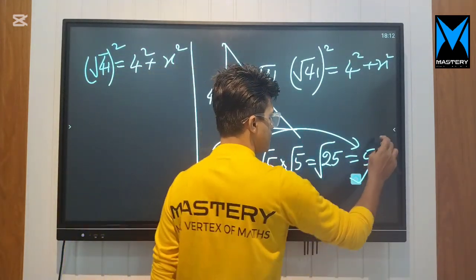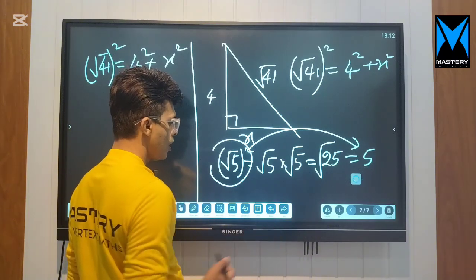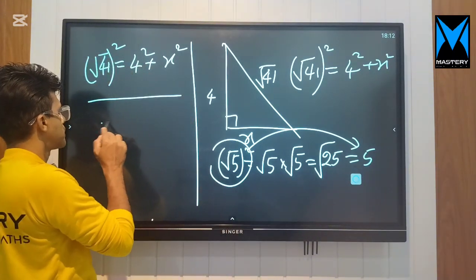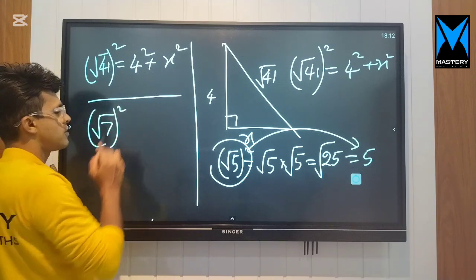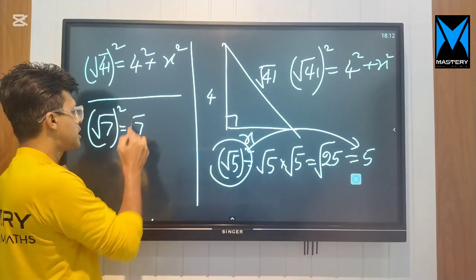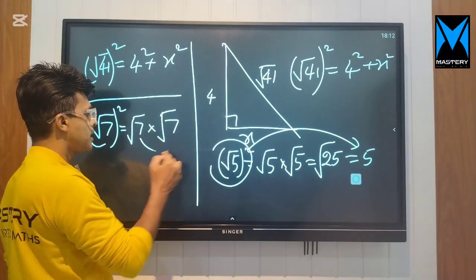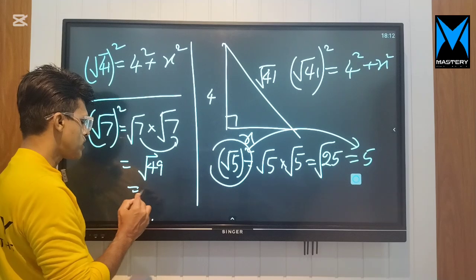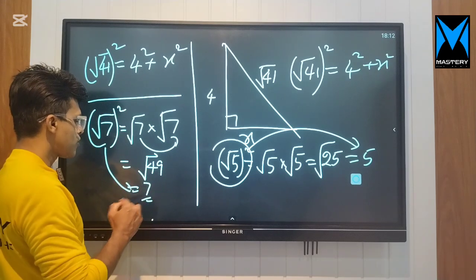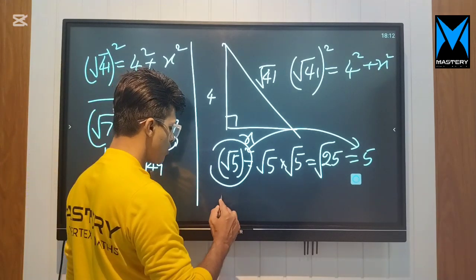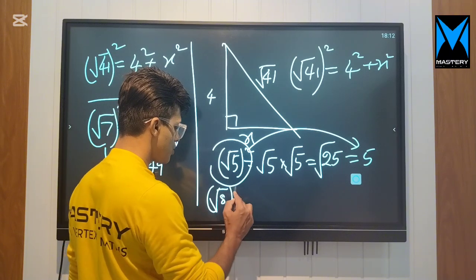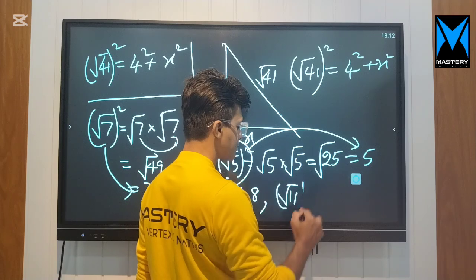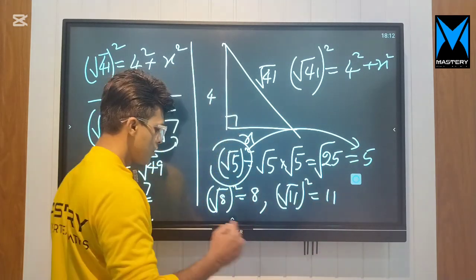Now think of root 7 squared. It means root 7 into root 7. 7 times 7 is 49, and the square root of 49 is 7. So root 7 squared is 7. Likewise, root 8 squared equals 8, and root 11 squared equals 11. So bear in mind.